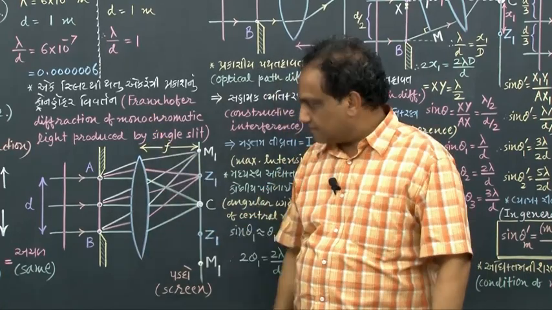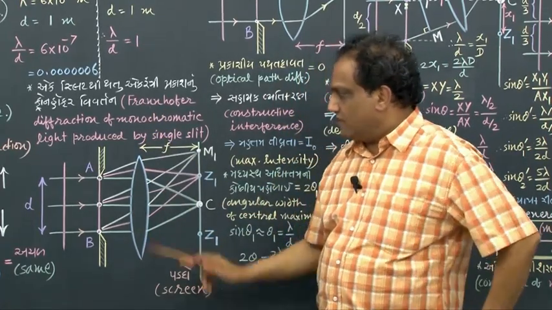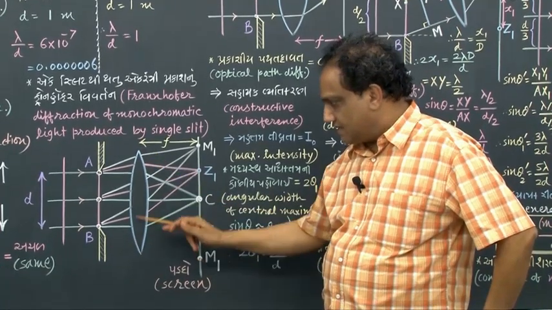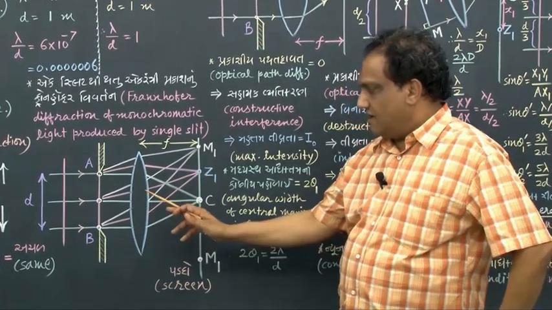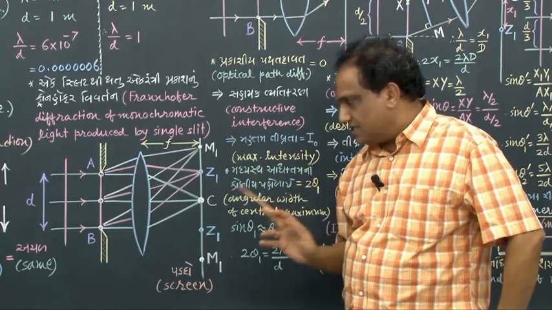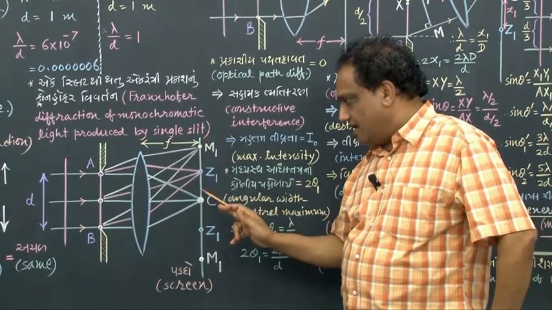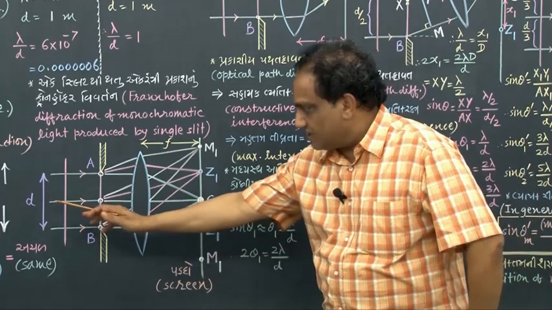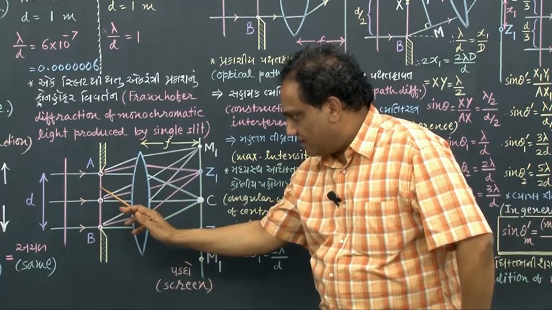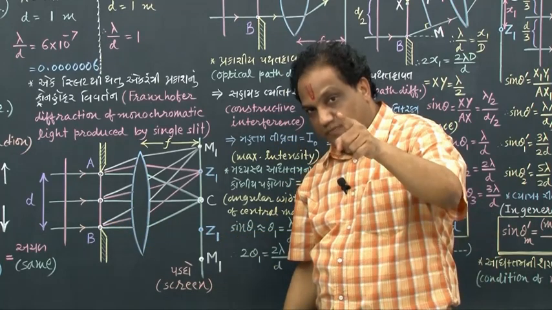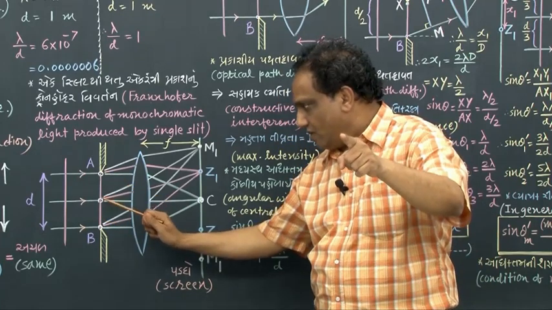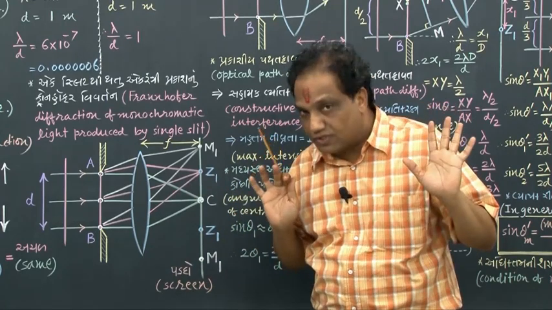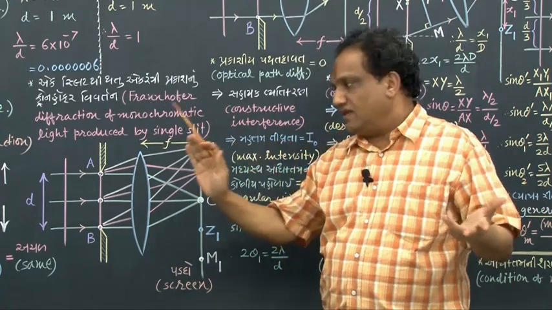Okay, fine. Now let us place on the right-hand side some convex lens, and on the focal plane of this convex lens we place this screen. Now, according to Huygens principle, each and every point on this wavefront will behave like a self-independent secondary source, and it will emit secondary spherical waves in the forward direction.